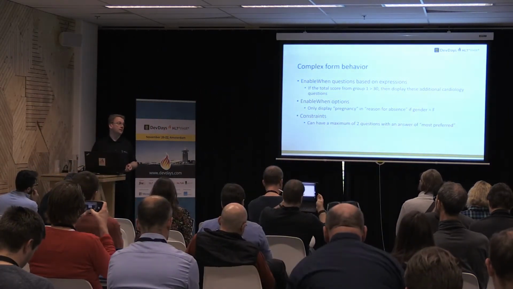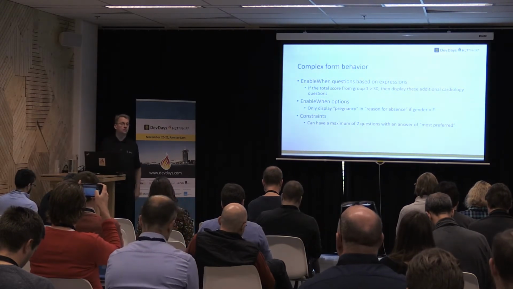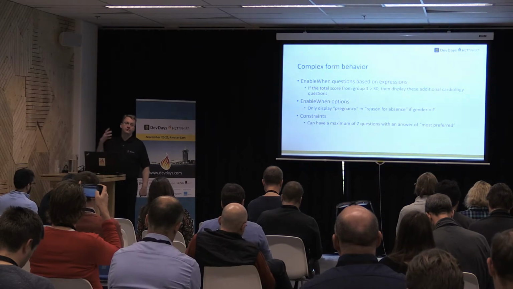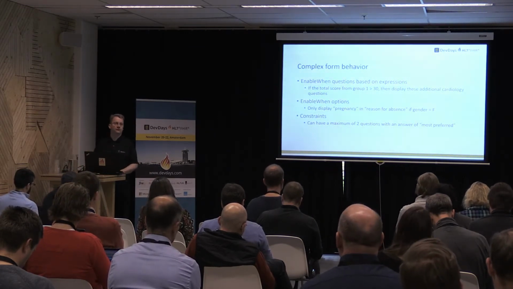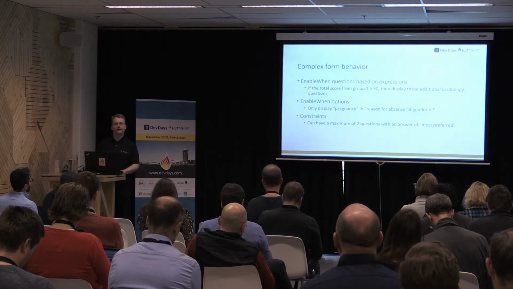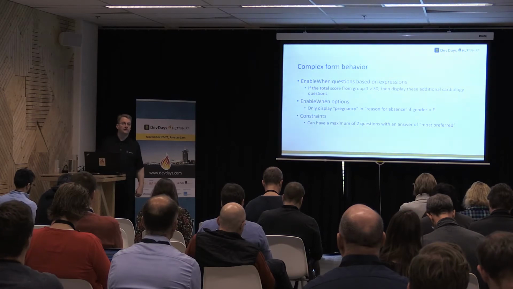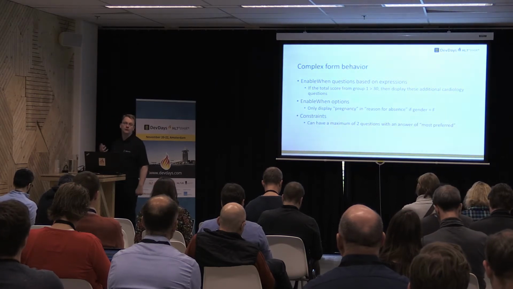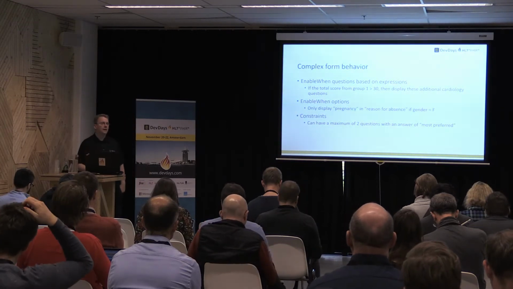Instead, we want to be able to do more complex things like look at the last 10 questions, calculate the score based on those answers, and then if the score was above a particular value, then we're going to ask some more stuff. If their score was low, then we don't really care because they're going to be fine. We don't need more detail. But it's the score that matters, not the specific answers. And there was no good way to do that, so we have an extension to support that.